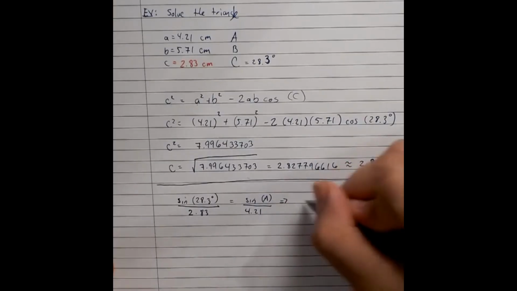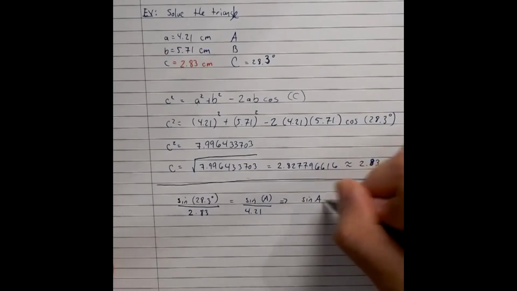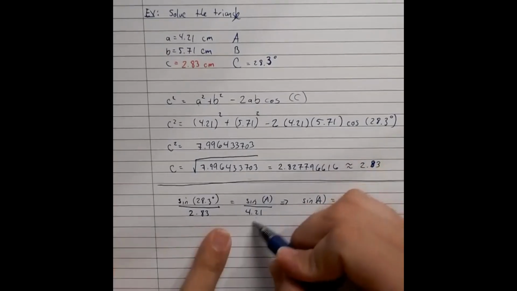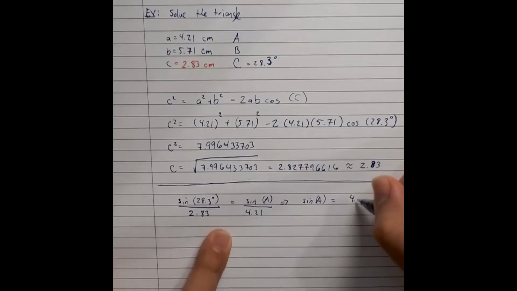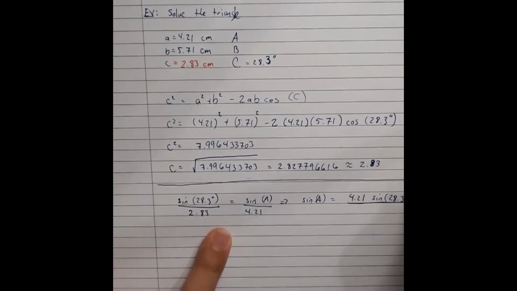So that means that the sine of A is going to equal, I could just multiply that up there, 4.21 times the sine of 28.3 degrees over 2.83.